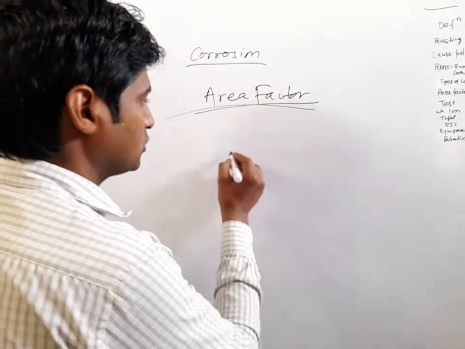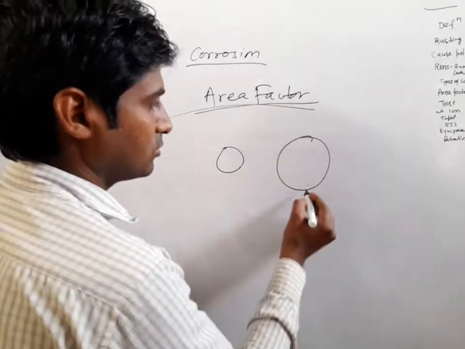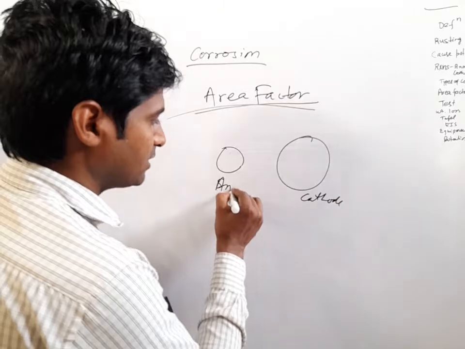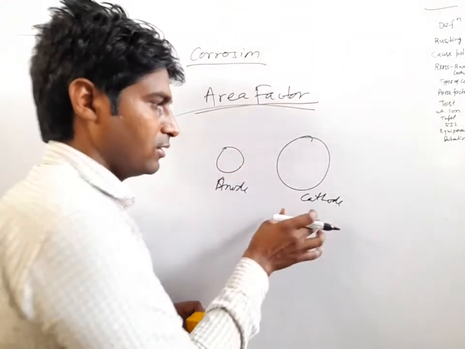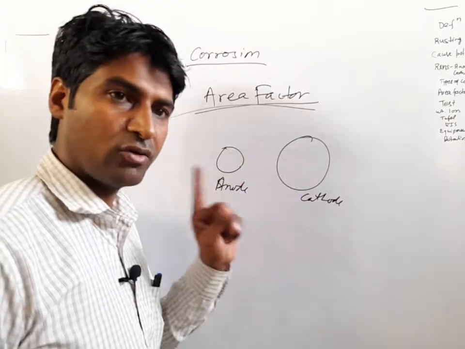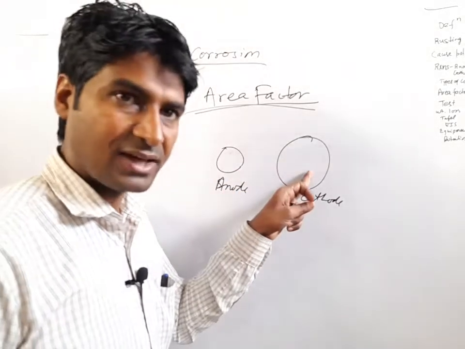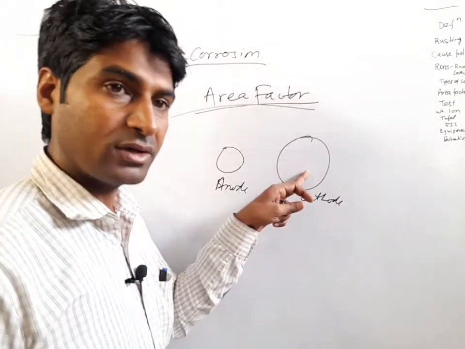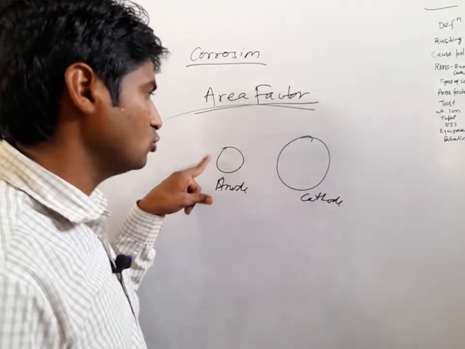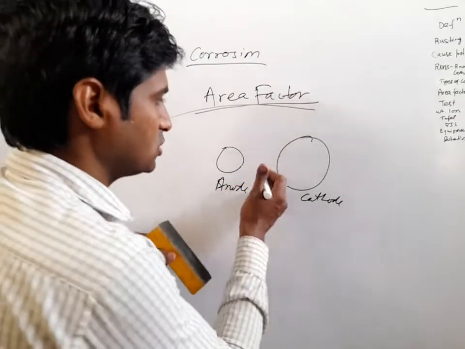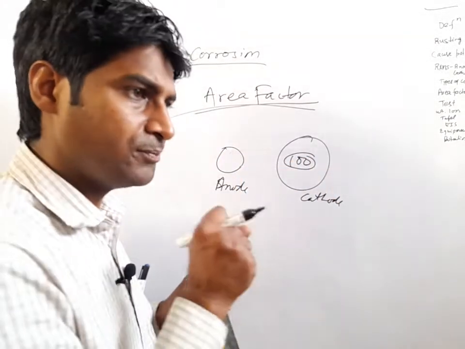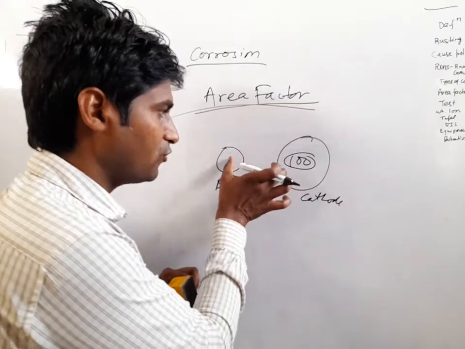suppose this is the anode and this is the cathode, which is large. As we know, the anode always supplies the electrons, and the rate of supply and consumption of electrons will always be the same. So if the cathode is large, it will consume more electrons, and the anode has to supply these electrons. Suppose this requires 100 electrons, so this much area has to supply the 100 electrons in a fixed time.